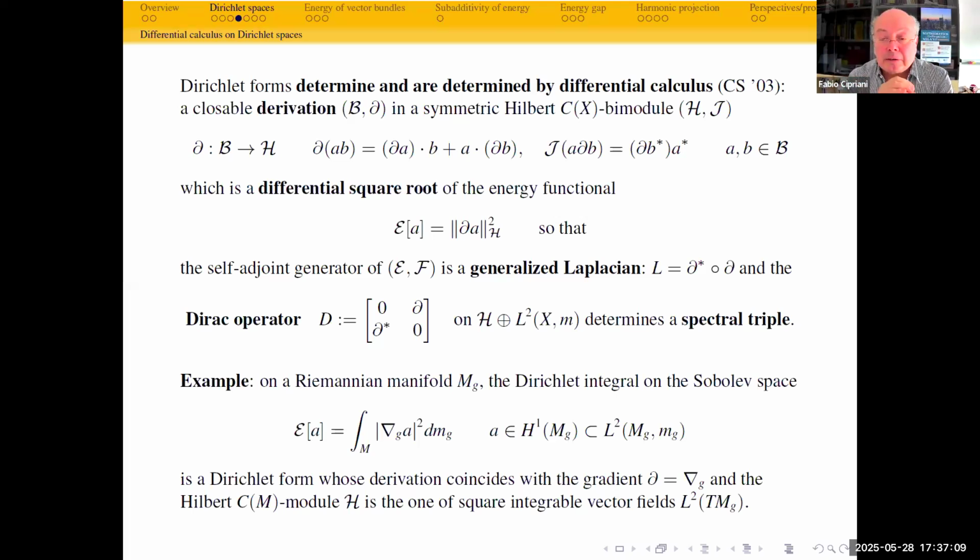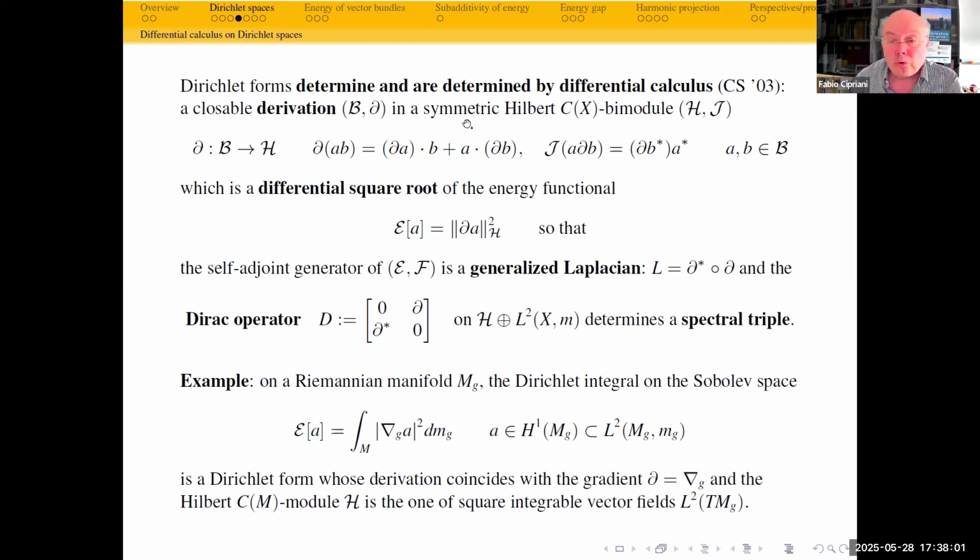Also, in another paper with Jean-Luc, we showed that this concept of energy, the Dirichlet forms, are determined by a differential calculus, and in fact they determine a differential calculus on the space X. By differential calculus, we just mean a derivation defined on the Dirichlet algebra B with values in a bimodule, by which we can multiply on the right or on the left the vectors of the bimodule by the functions belonging to the algebra.